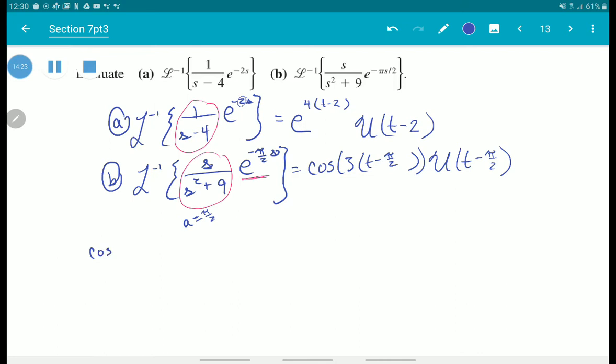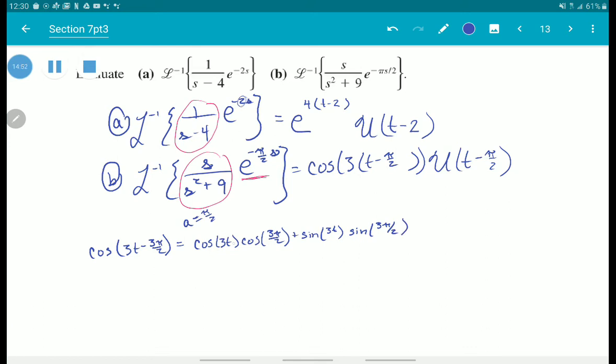So this is really cosine of 3t minus 3 pi over 2. We're using those sum and difference formulas. So this is cosine of 3t, cosine of 3 pi over 2, plus sine of 3t, sine of 3 pi over 2.